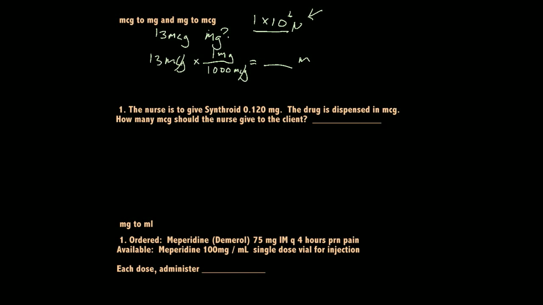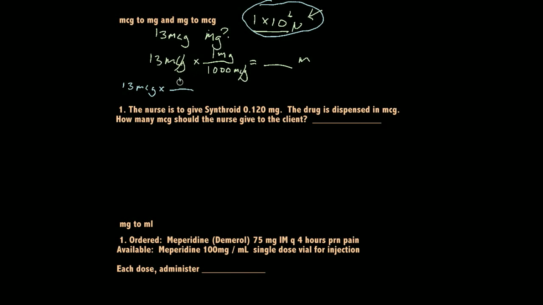All right, let me back up for a second here. If you're of this type of brain and thinking, and that is tattooed in your brain, then don't fight it. Start with micrograms. I have 13 micrograms, mcg.